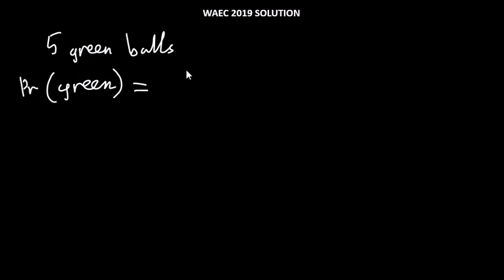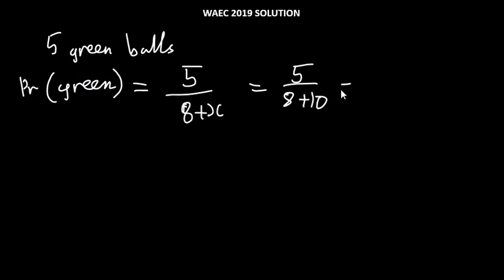How many green balls are there? 5. They are the ones that favor us. So 5 over 8 plus x, and x is 10. 8 plus 10 is 18, so it's going to be 5 over 18.